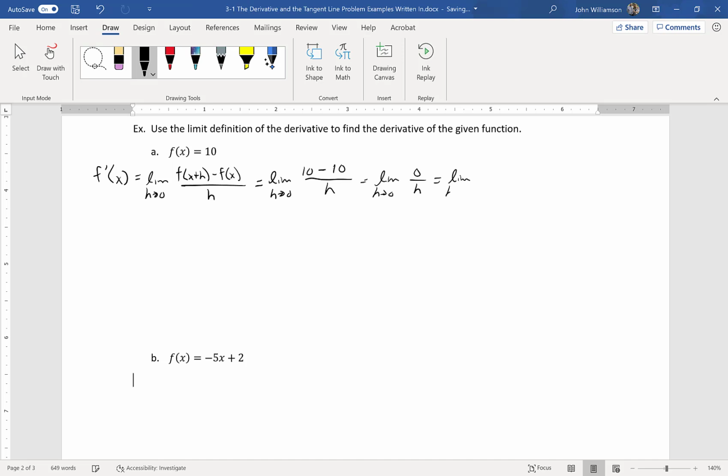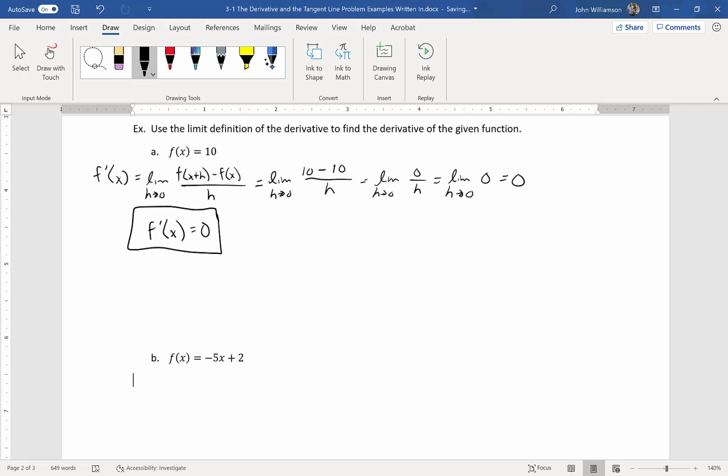What's 0 divided by anything other than 0? 0 divided by anything is 0. So this is the limit as h is approaching 0 of 0, which then gives us, now we can evaluate, so the limit as h is approaching 0 of a constant, remember then, is that constant. So the limit as h is approaching 0 of 0 is 0. So in this case, f prime of x is equal to 0.